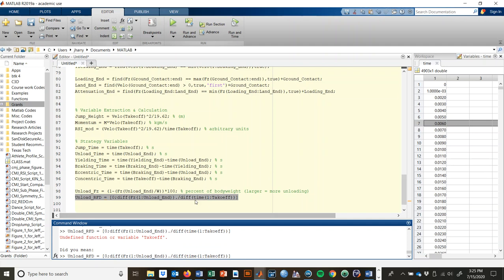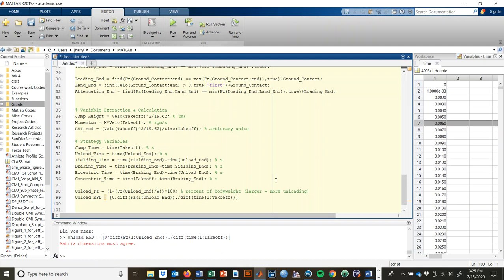I typed takeoff wrong. Gotta make sure you spell it right. Ooh, and I'm getting the dimensions disagree, likely because I tried to do this without specifying that there is one unique array right here.